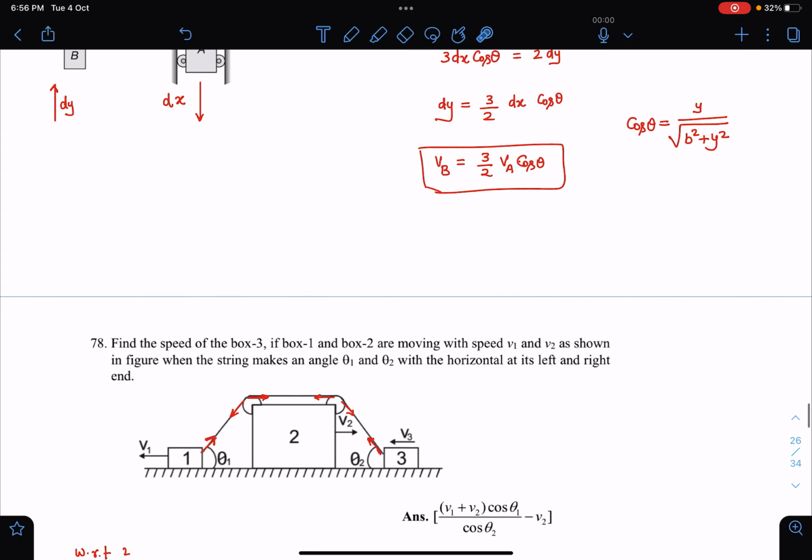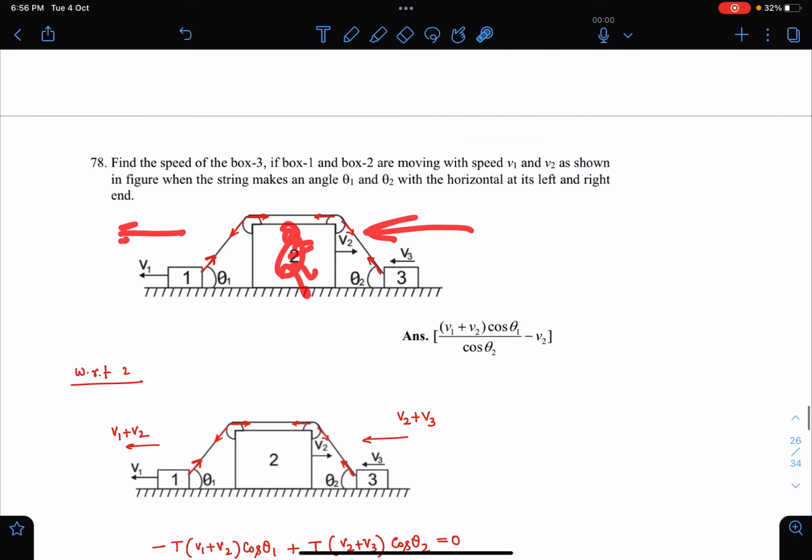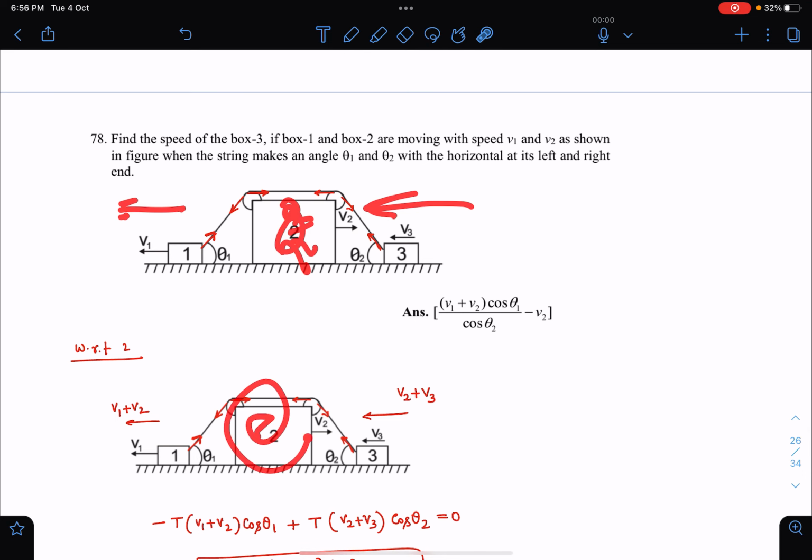Then next, suppose one problem like this is given, and you can apply with respect to ground on all 3 blocks, or I have told you the method with respect to 2. Its velocity you will see as v3 plus v2, its velocity you will see as v1 plus v2, and this will be at rest, so no need to apply T dot V here. Just on these two masses you can apply.